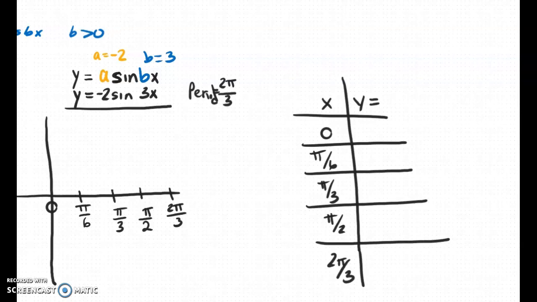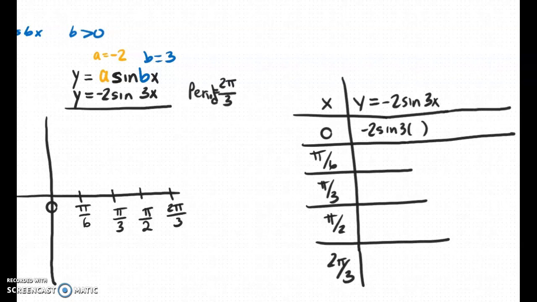And so I'm evaluating, not the sine, the negative 2 times the sine of 3x. So in for x, I am plugging in those values.